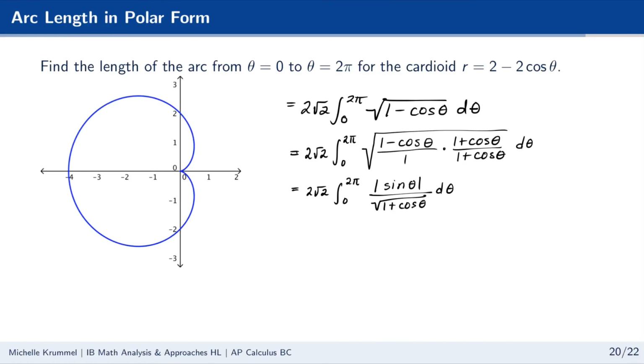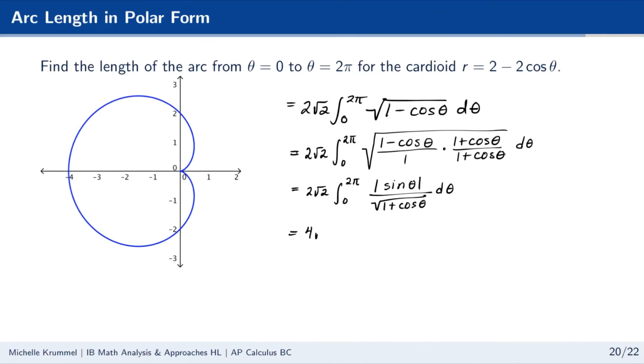We can see from the graph that we do have symmetry here. I should have just integrated from 0 to π to begin with and multiplied the answer by 2. We're just going to go from 0 to π now, and that's quadrants 1 and 2. Sine is positive, so I can drop the absolute value. But then I have to multiply the answer by 2.